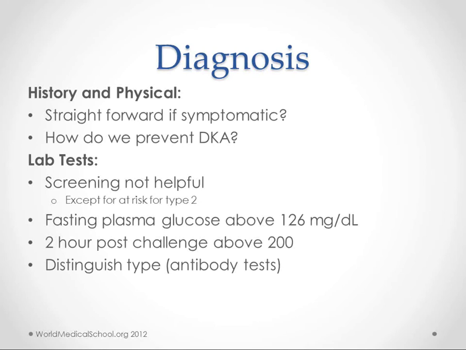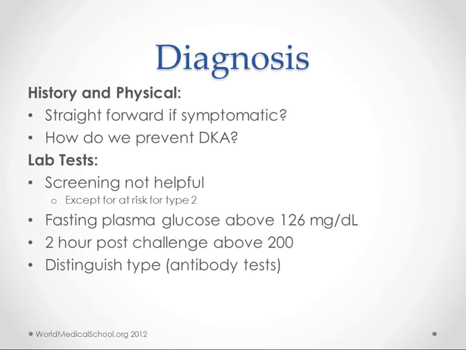So the lab tests that we can do, we do have some tests that we could use for screening, but they're just not helpful in type 1 because, first of all, you get false positives if we're talking about antibody tests that we can see that we have autoantibodies for beta cells.